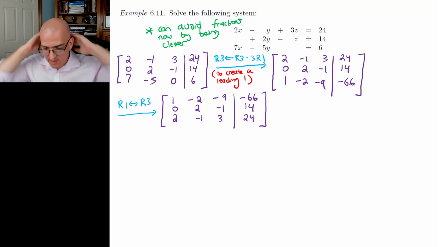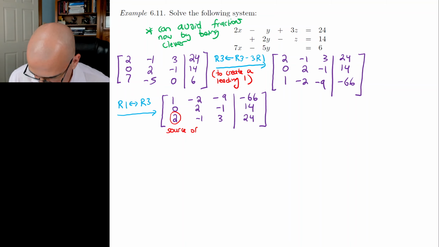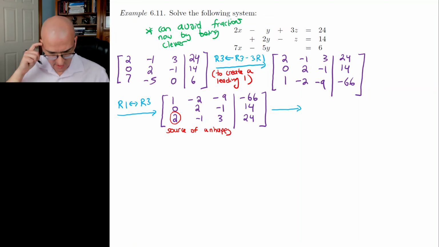Next step, we have a leading 1 in the top left, but it is not happy. We have a source of unhappiness. We have that 2 that must be destroyed. So we're going to destroy it.